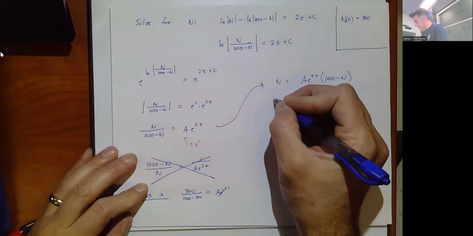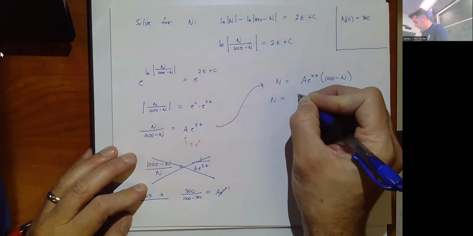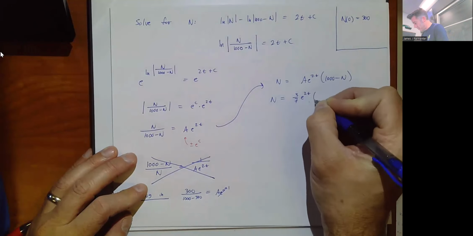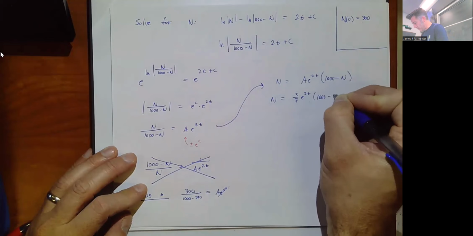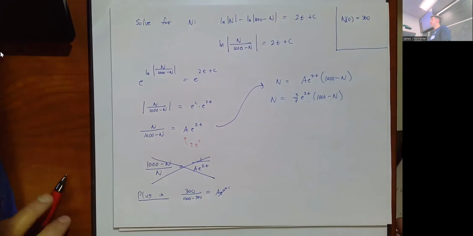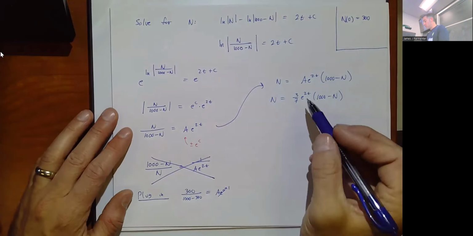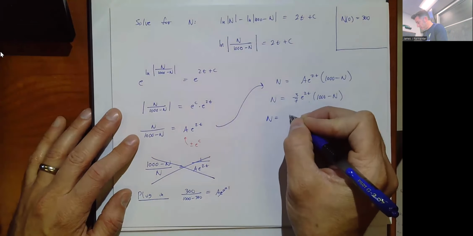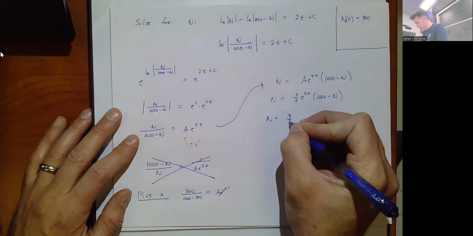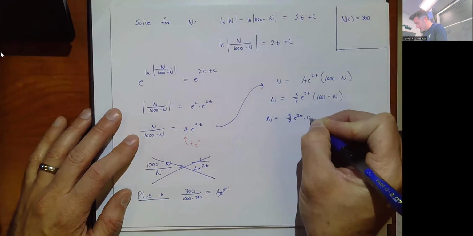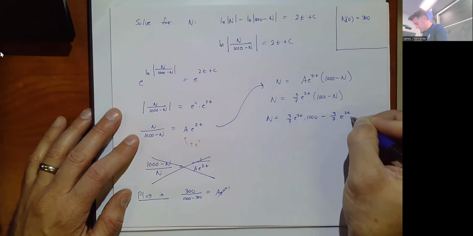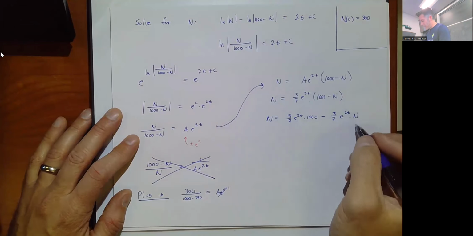So now I've got N equals 3/7 e to the 2t times (1,000 minus N). I still have to solve for N, so I have to distribute this. N equals 3/7 e to the 2t times 1,000 minus 3/7 e to the 2t times N. Add that over here.